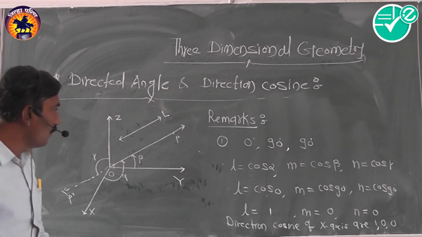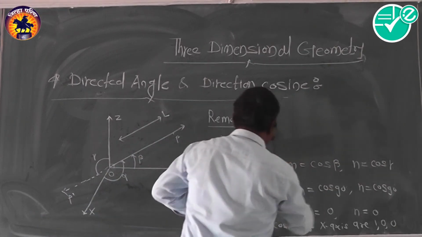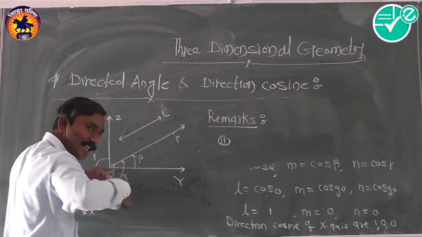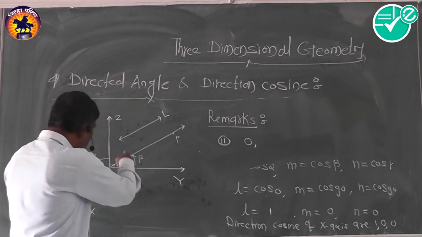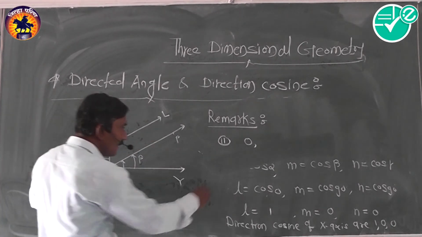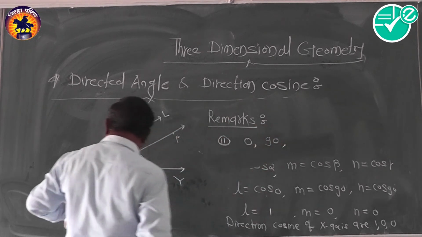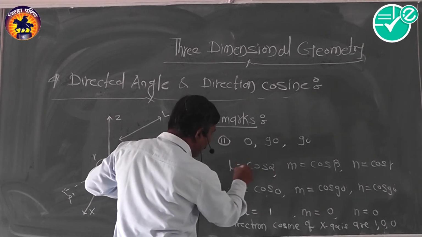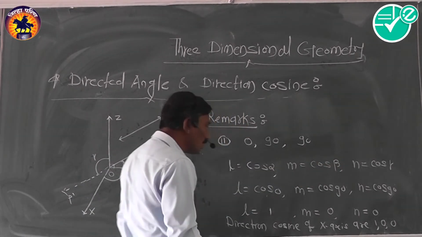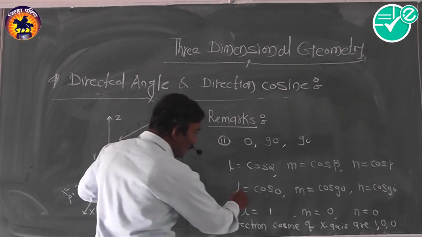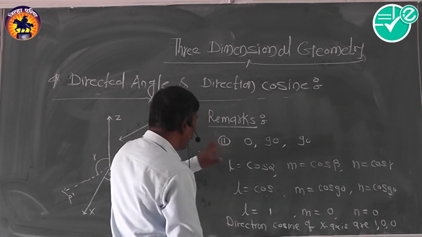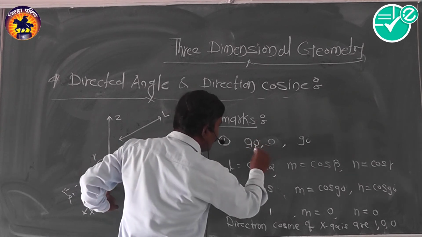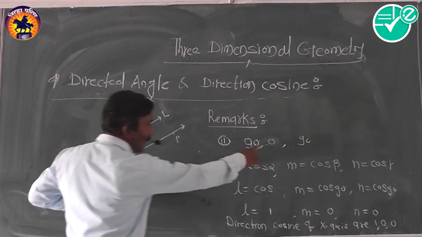Now the second remark. For the y axis, its angle with itself is 0, its angle with z is 90, and its angle with x is 90.